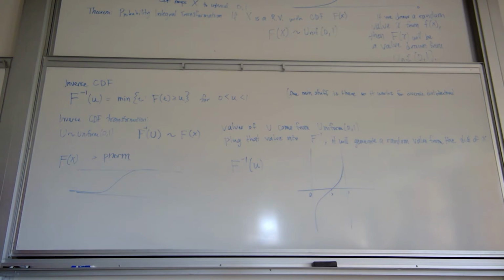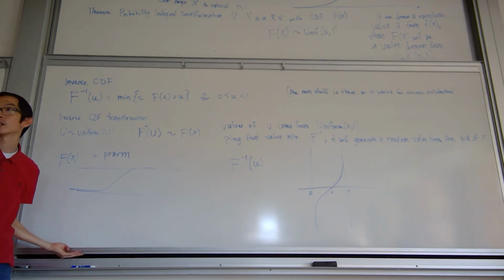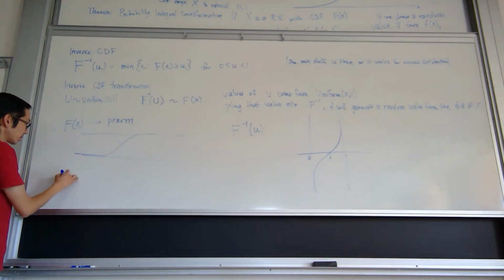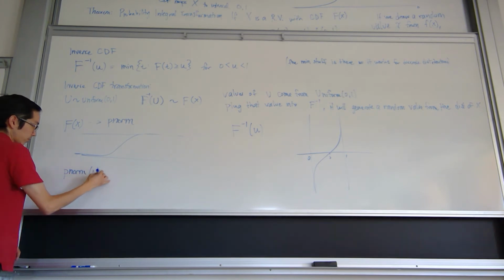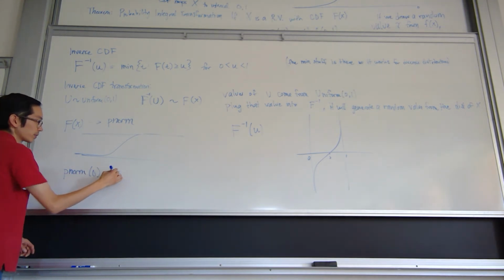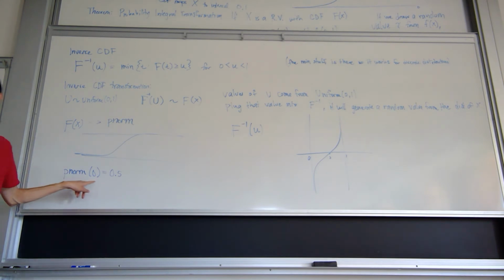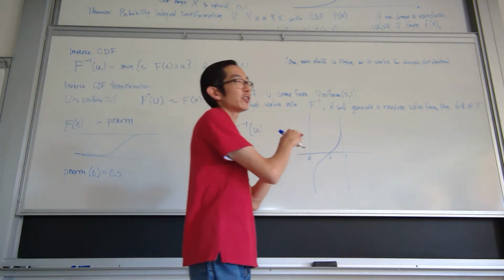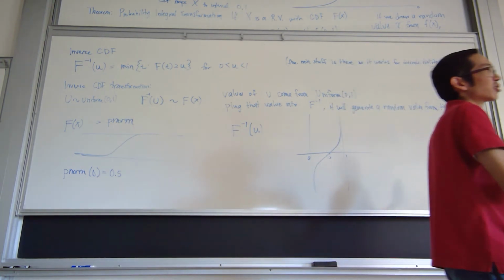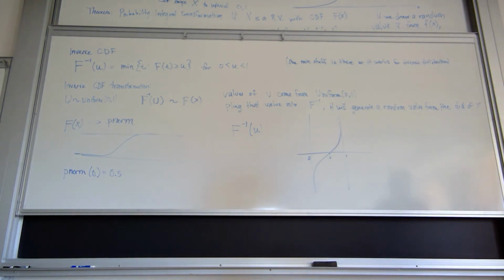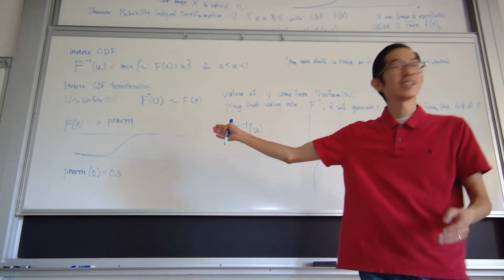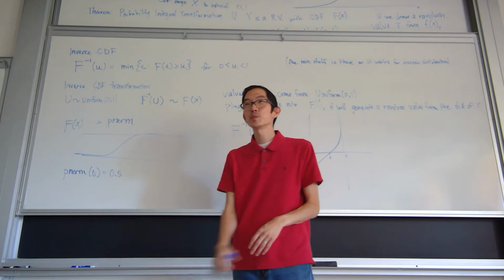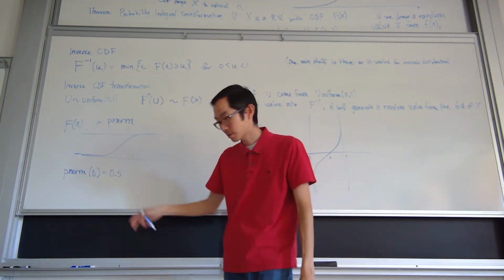So what will pnorm of 0 equal? pnorm of 0 is equal to 0.5. pnorm is the same as your cumulative distribution table. At the back of your Stats 10 book, you have the normal table. That's what pnorm is.